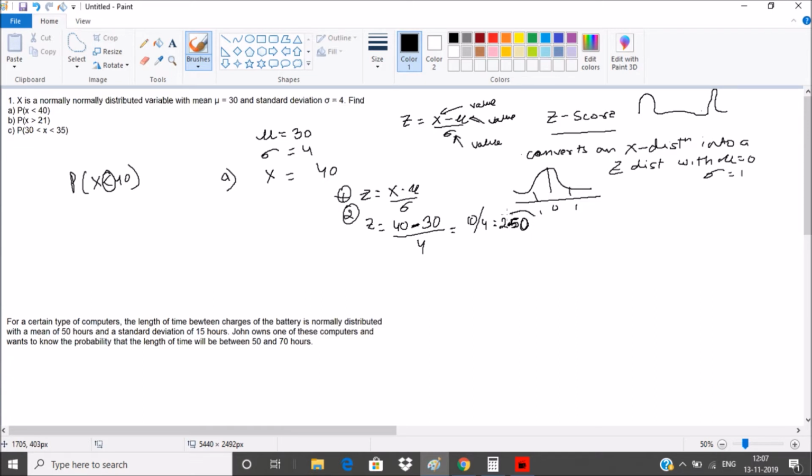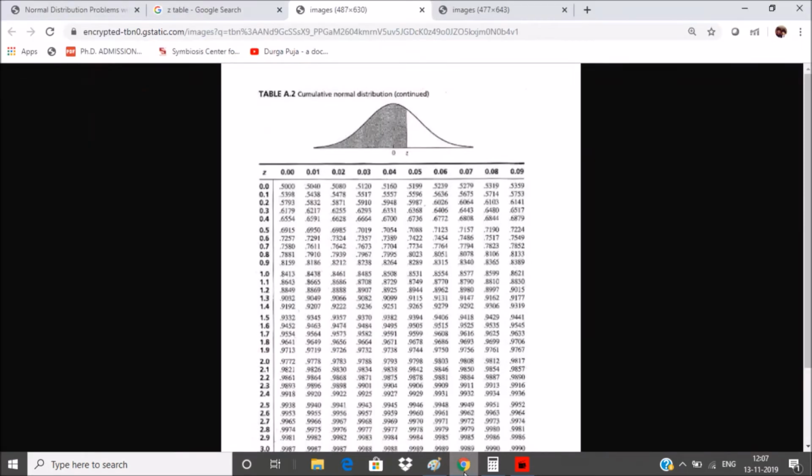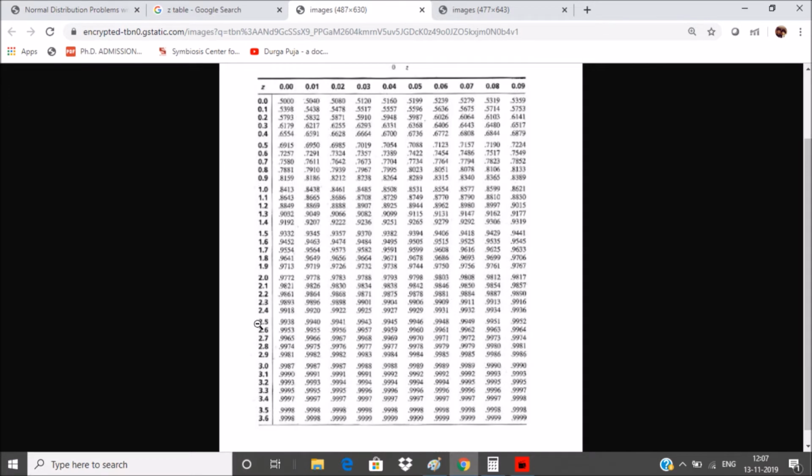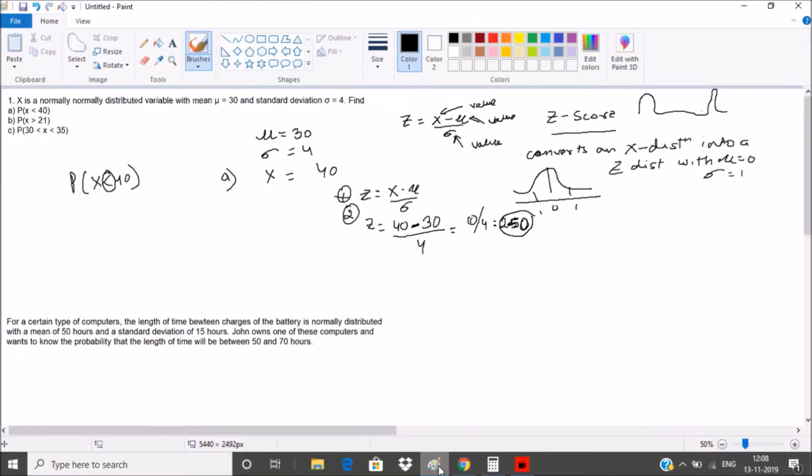So if we use this value, we can now go to the table to find the probability corresponding to the z-score of 2.5. So if you see here, 2.5 and 0, since we are rounding it off till the second decimal point, 2.50 has a probability of 0.9938.